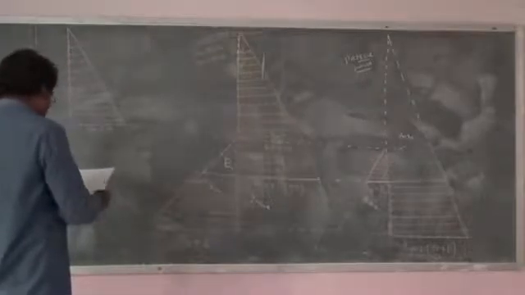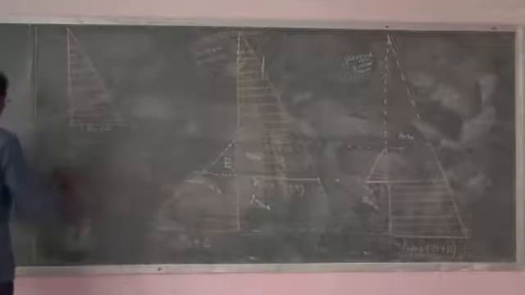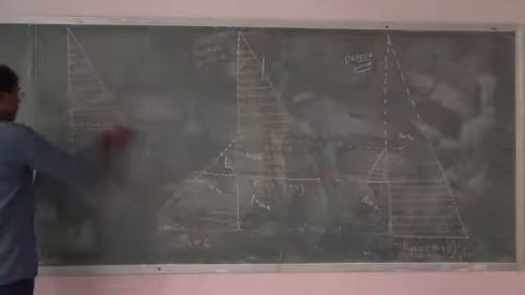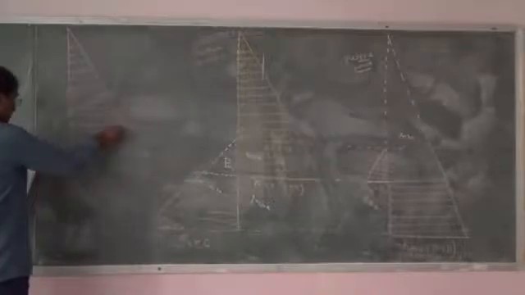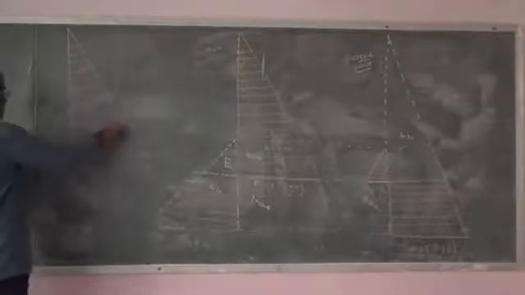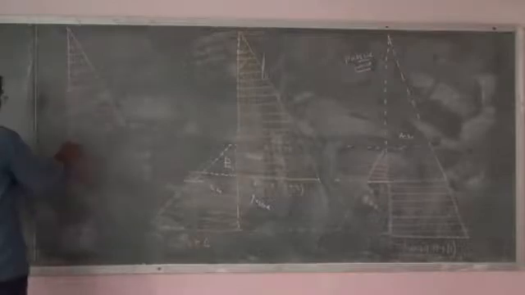So here what happens now? Suppose up to here your light is there. From here to here, it is going to change from active state to passive state. A particular point will be there where net pressure will be 0.